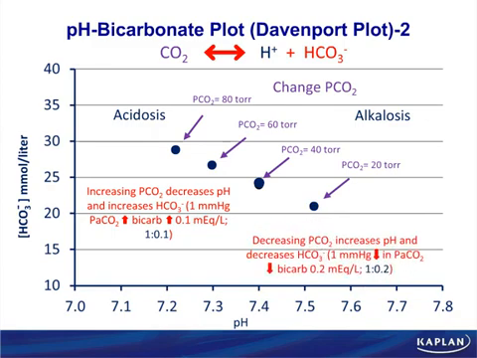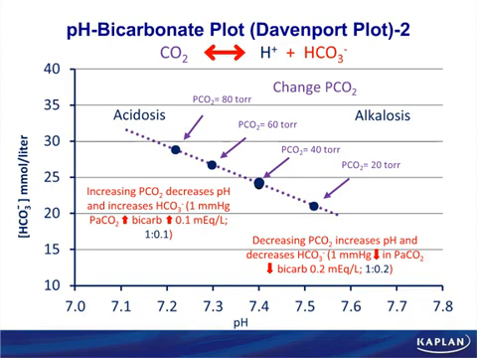How much? 1 to 0.2 ratio. Again, you don't have to worry about being quantitative here on the Davenport, but the point is, we can just show the buffer line. This buffer line represents the changes in bicarb and hydrogen when I change CO2. So this purple line represents effectively the respiratory buffer line.